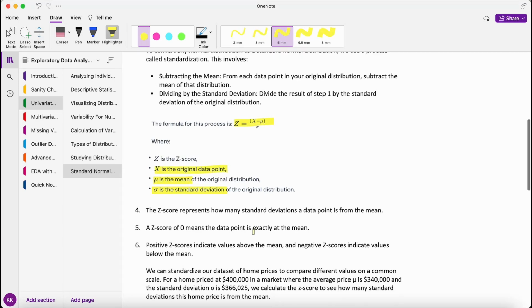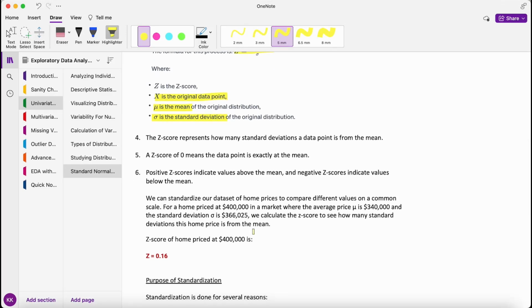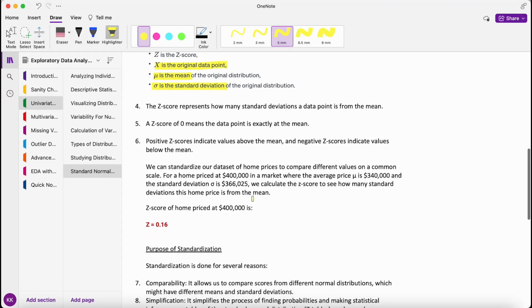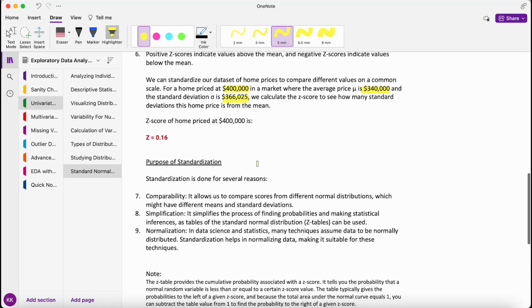We can standardize our dataset of home prices to compare different values on a common scale. For a home priced at $400,000 in a market where the average price μ is $340,000 and the standard deviation σ is $366,025, we calculate the z-score to see how many standard deviations this home price is from the mean.